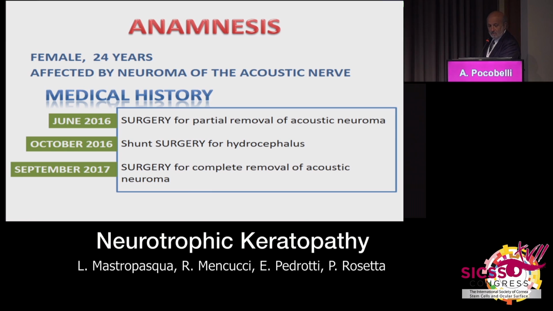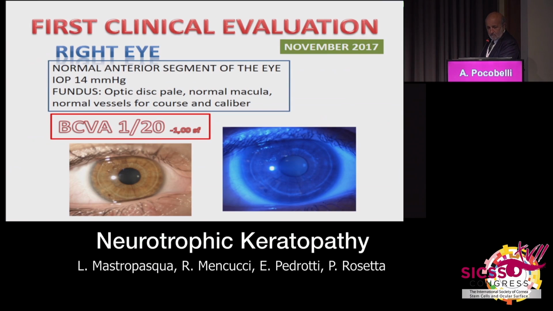It started in 2016 with a surgery for partial neurinoma that was repeated later after developing a hydrocephalus that was treated with derivative surgery, which entailed actually greater complexity of the case, especially from the neurological viewpoint.